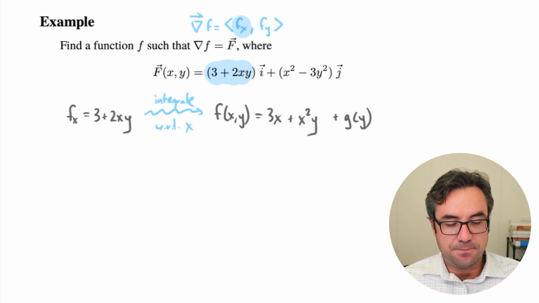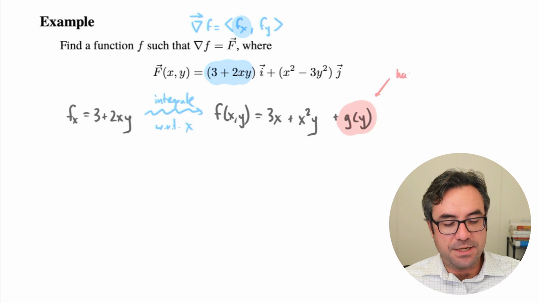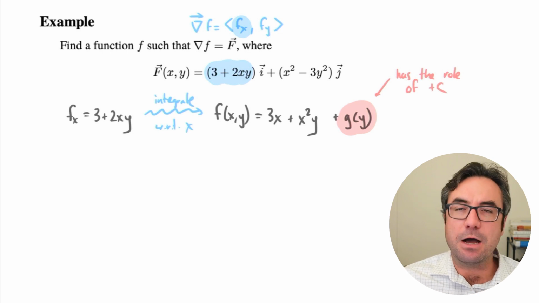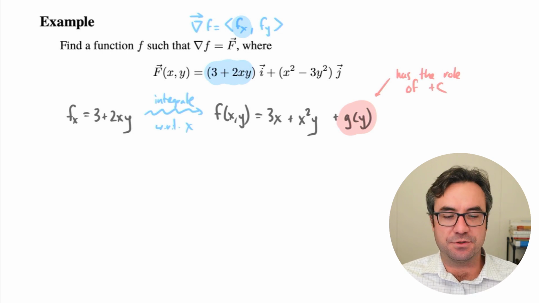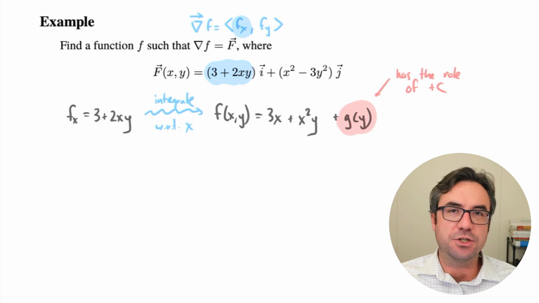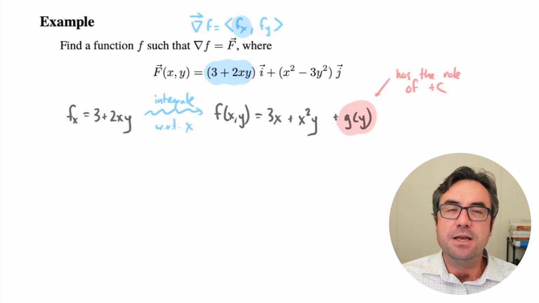This has the role of plus c back in Calc 1 when we first introduced antiderivatives. Normally we find the antiderivative function, and we throw a plus c on at the end because when we differentiate a constant, it becomes 0.